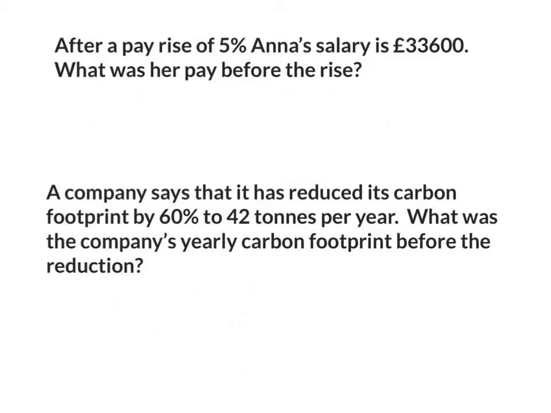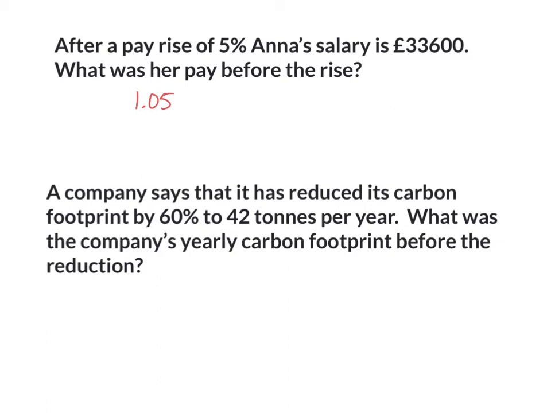There is a slightly quicker way that we can look at this. If we think of a pay rise of 5%, and what my multiplying factor would be, we've seen before that that's 1.05. And what we normally do to increase something is we multiply by 1.05.